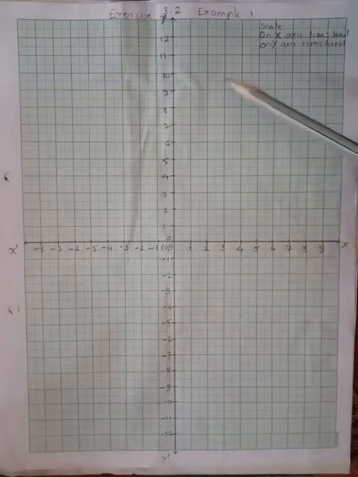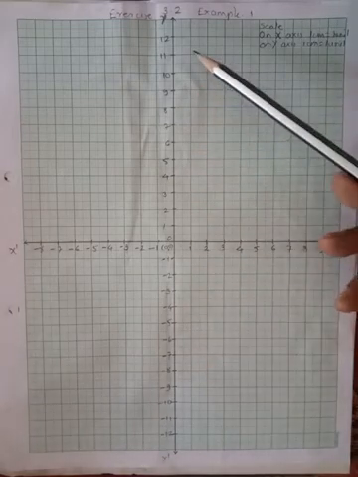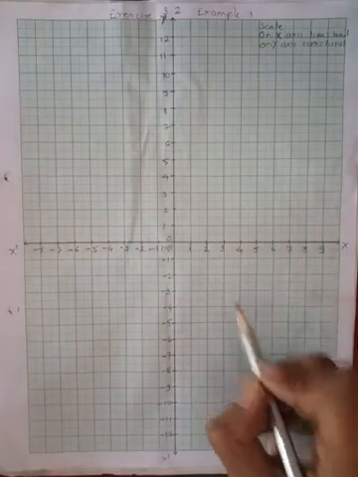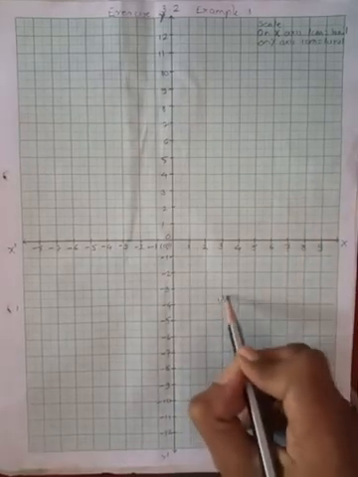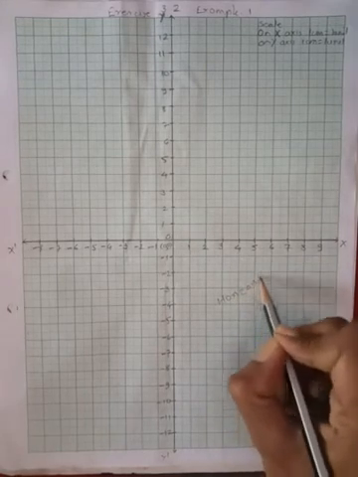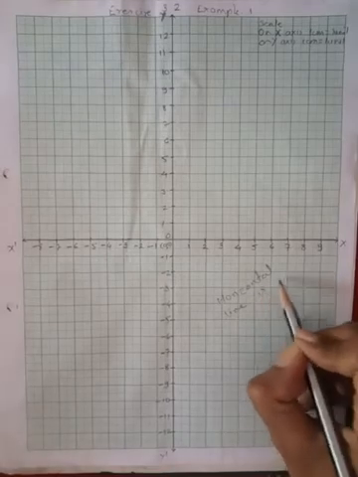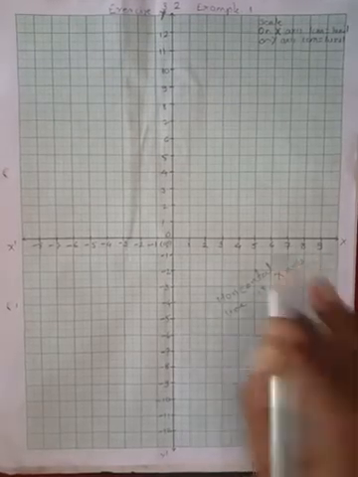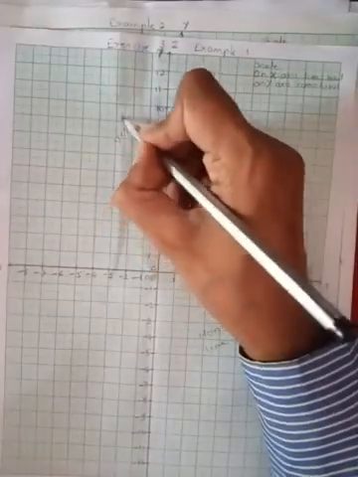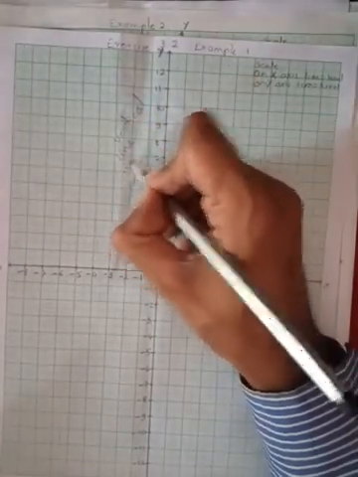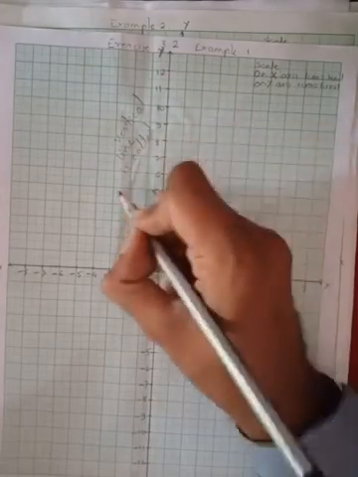Then vertical line is y-axis. So horizontal line is x-axis, and vertical line is called y-axis.